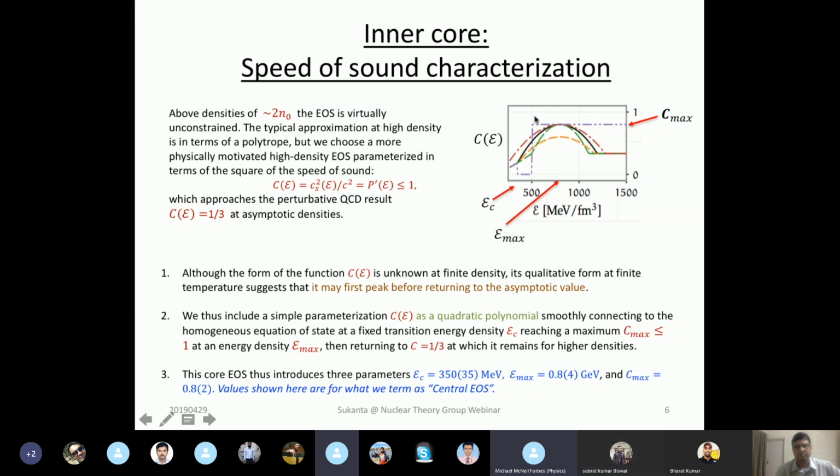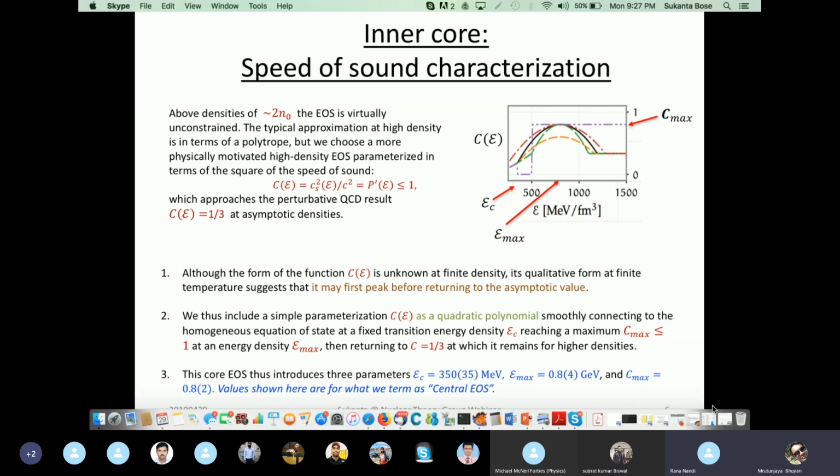Okay. So if you were to bump that up to 1 to make it maximally stiff, then you could increase the maximum mass a little bit. But it's a little tricky. It's hard to make very massive stars with our parameters. Okay. Thank you.